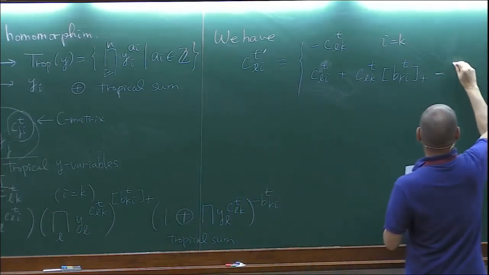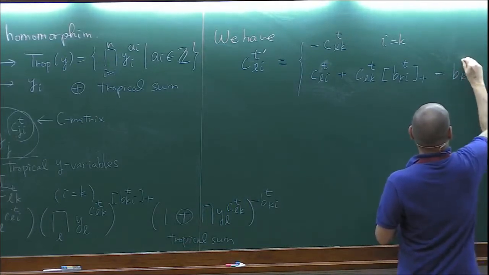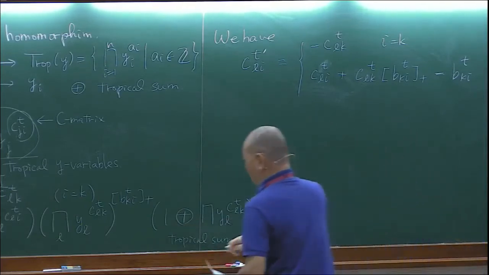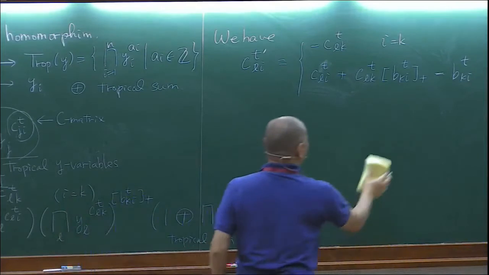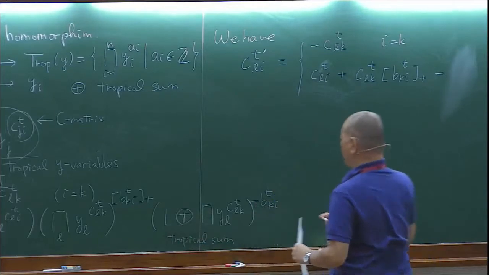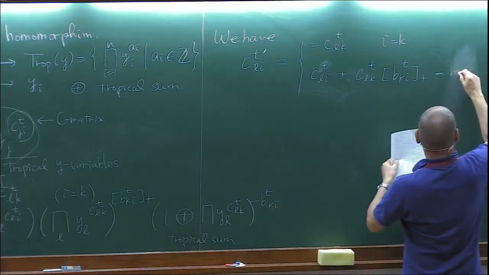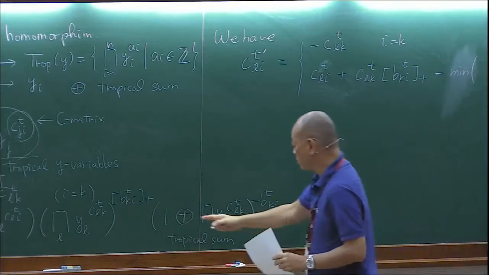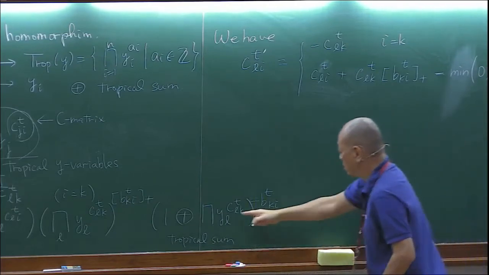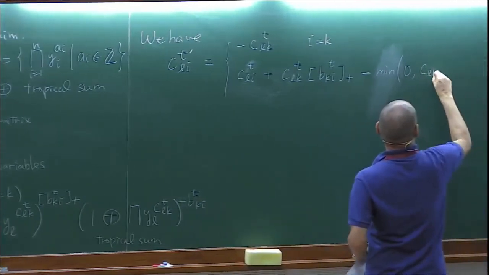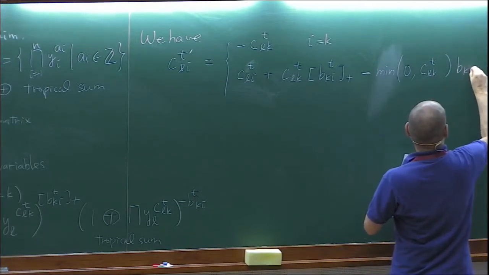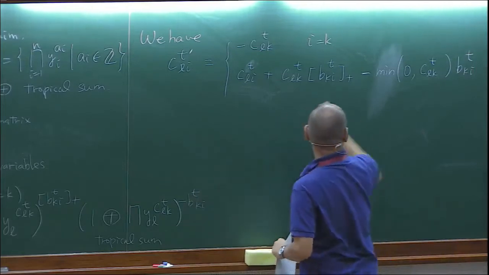We first write this portion first. Sorry, I wanted to write this portion later, but only this minus sign I write here. And what is this one? This is just taking the minimum, by definition of the tropical sum. This is Y_L to the zeroth power. So you compare this with this one, C_{LK}^T, and this power, and the minus is already assumed.